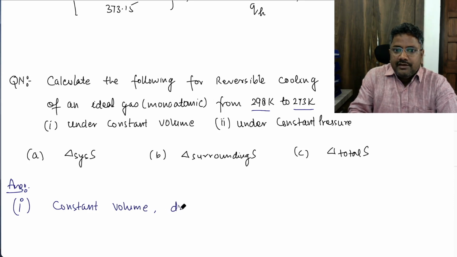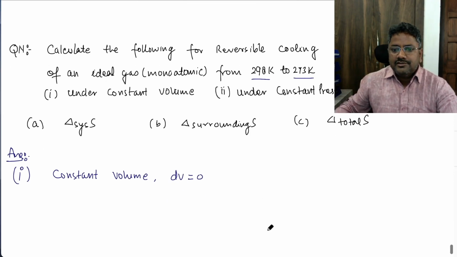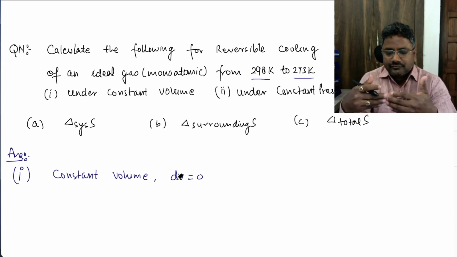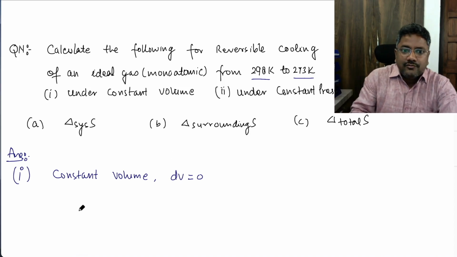So dV is equal to 0. So if volume is constant, there is no change in entropy due to the volume change.